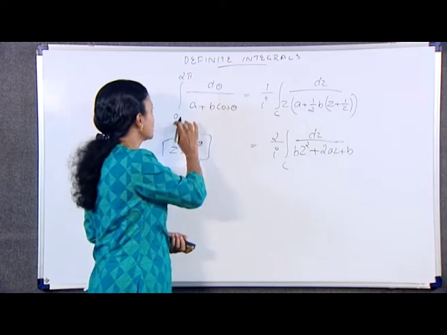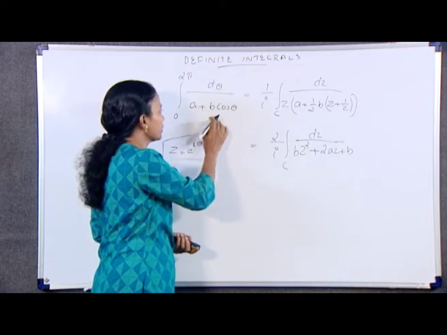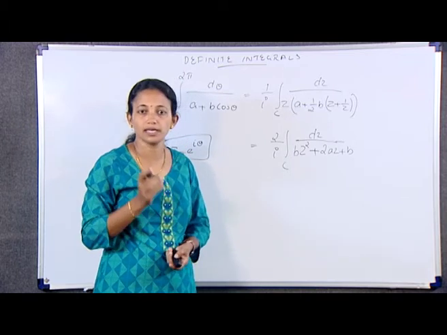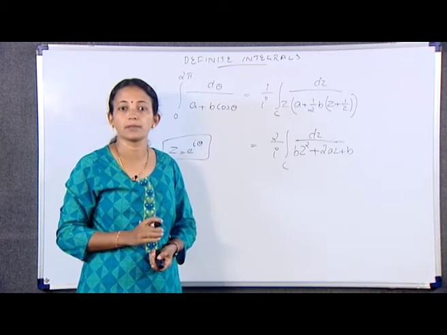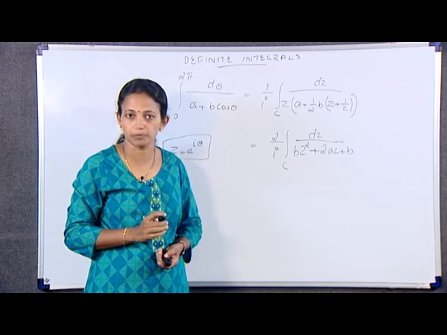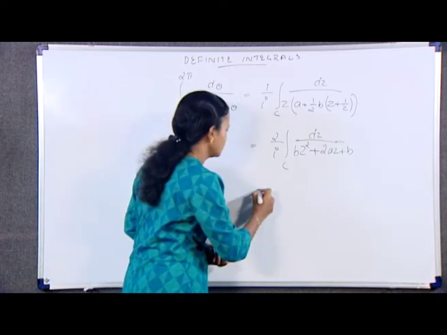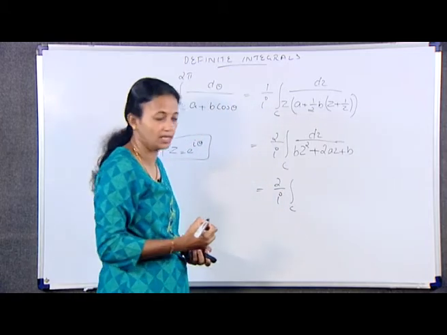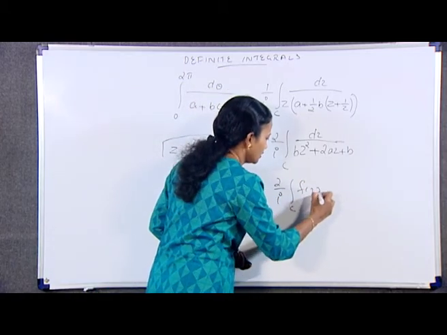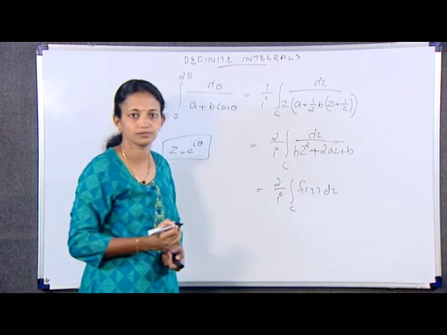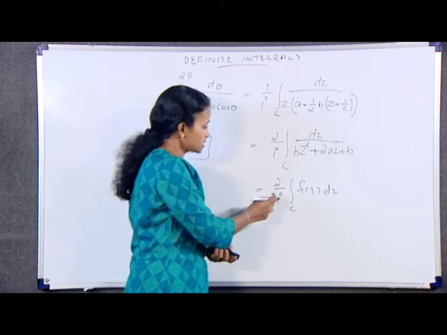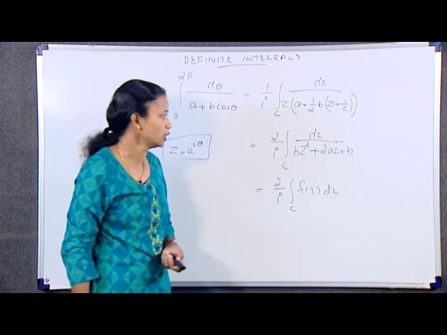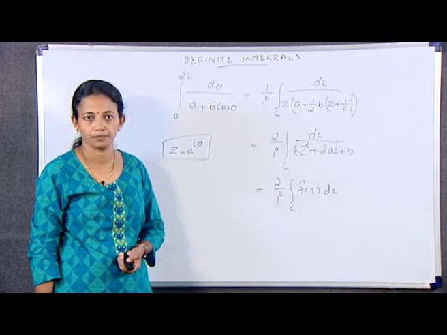That is, the integral from 0 to 2π of dθ by (a + b cos θ) is equal to 2 by i times the integral over C of dz by (bz² + 2az + b). This is equal to 2 by i times the integral over C of f(z) dz, where this f(z) is 1 by (bz² + 2az + b).